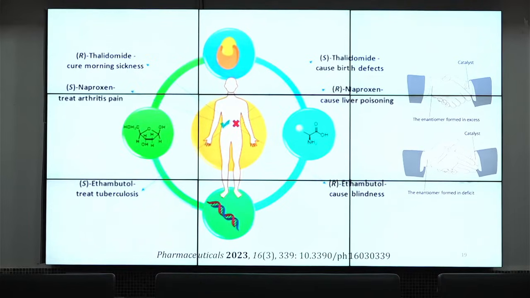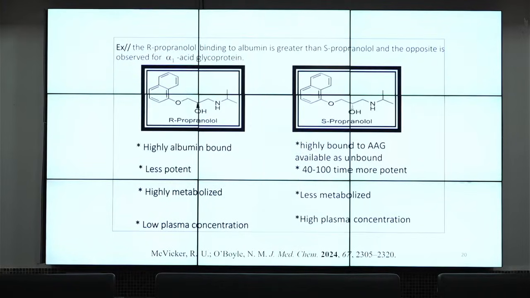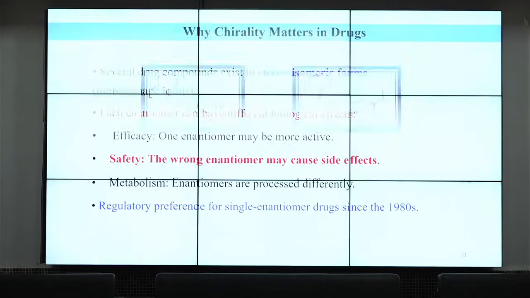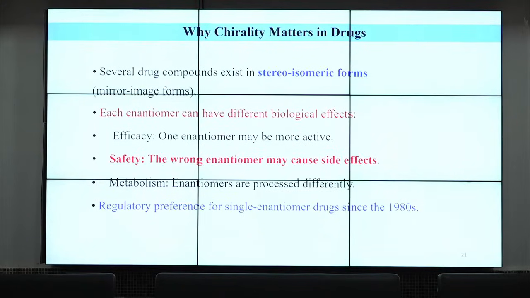So these diversities are there if you vary the stereochemistry of the final product. That means your stereochemical outcome will be very, very important. Here you can also see propranolol, where the S one is 40 to 100 times more potent than the R one. So these stereochemical aspects are hugely important.